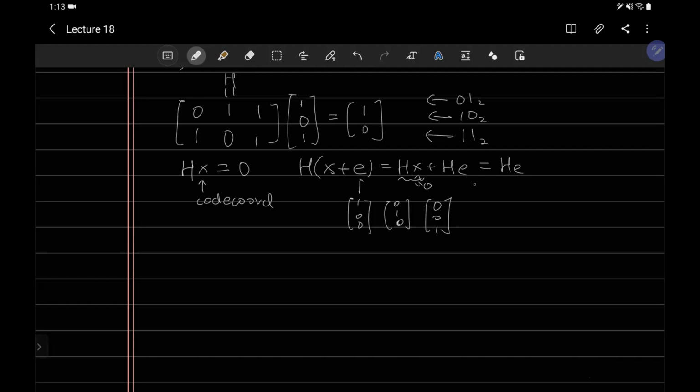So just by multiplying the parity check matrix to the entire received code, we should be able to identify which bit is flipped.